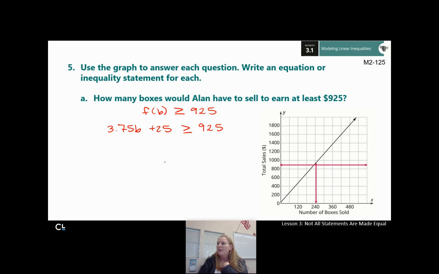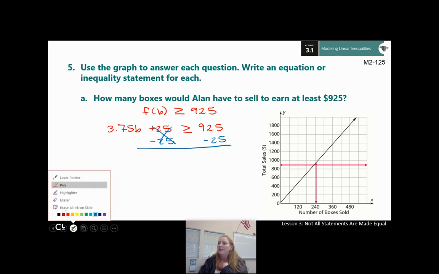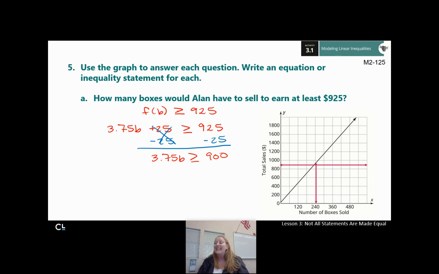I want to get rid of the 25, so let's use the subtraction property to subtract 25 from both sides. Sorry, sound effects, I can't help myself. So I end up with 3.75b is greater than or equal to 900. And then I can get the b all alone, we're almost there, by dividing by 3.75.